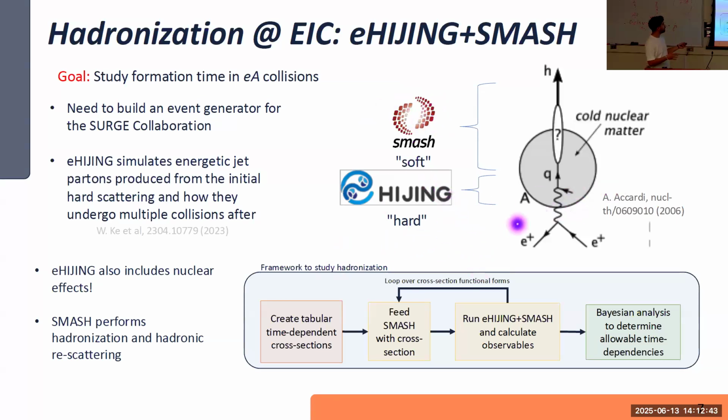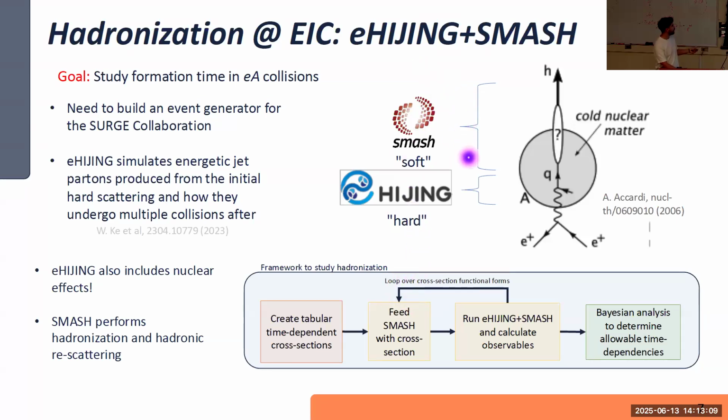The hard scattering phase will use E-hydrogen and the soft phase SMASH. SMASH is a hadron transport approach used in afterburners in hydrodynamic hybrid models. So what I'm doing is creating tabular time-dependent cross-sections, such as the ones that I showed before, and fitting them into SMASH.